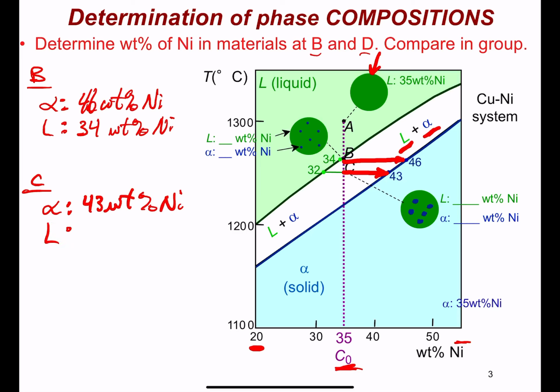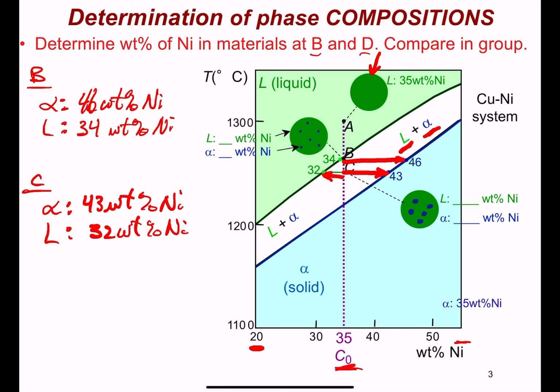And the liquid, formerly 34 at higher temperature, should likely change. And so when we use that tie line, and this time we walk all the way to the liquidus and intersect that boundary, we can see that the nickel content is 32 weight% nickel.